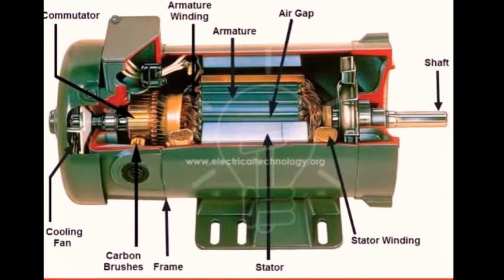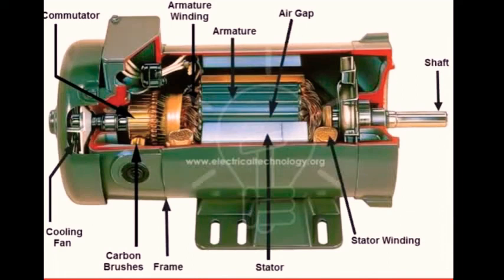So now we discuss the figure. Here we use a cooling fan, which is used in huge and large DC machines for cooling, and in the machine we use carbon brushes for collecting output current at the output side.